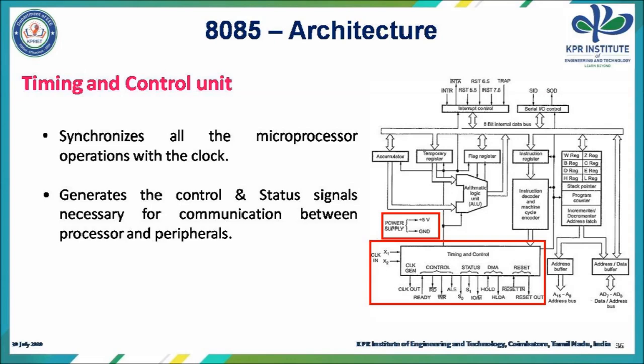Few signals of the timing and control unit are X1, X2, clock out, ready, read bar, write bar, ALE, and the bus status pins S0, S1, IO/M bar, then DMA transfer pins, hold and hold acknowledge, then reset pins, reset in bar and reset out bar. So this timing and control unit receives the details from the instruction decoder and generates the signals accordingly.